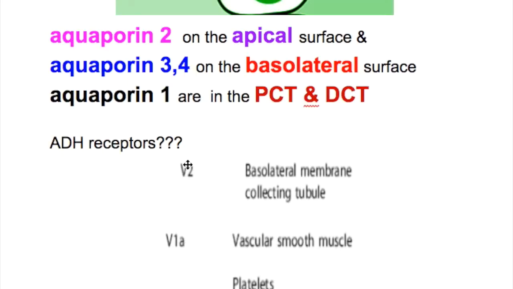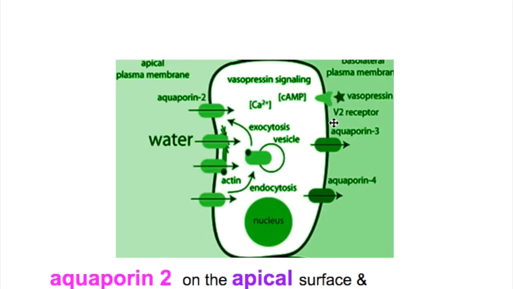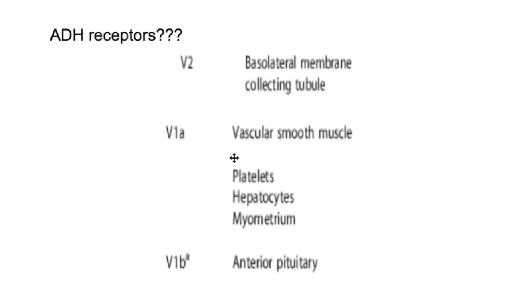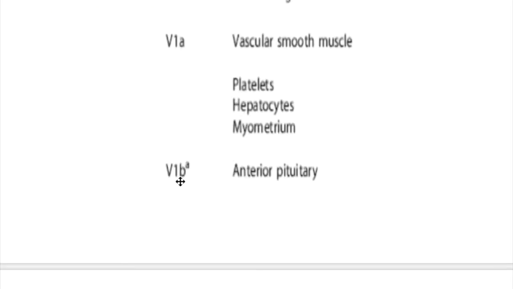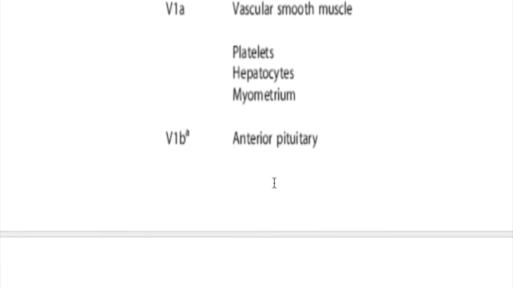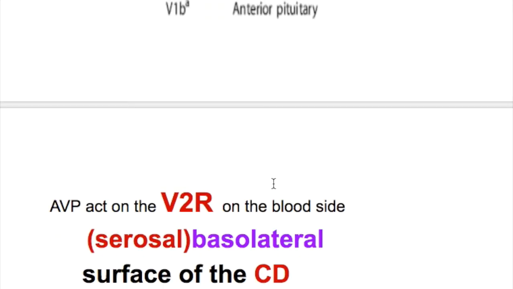And where are the ADH receptors? V2 receptors, vasopressin 2 receptors, are present on the basolateral surface of the collecting ducts, whereas V1A or V1 is present in smooth muscles, platelets and liver cells, and V1B or vasopressin type 3 receptors are present in the anterior pituitary.